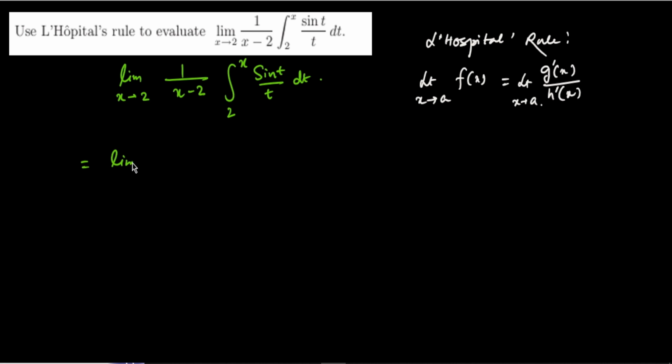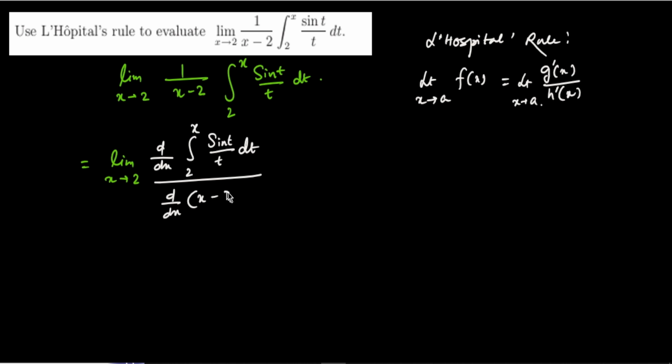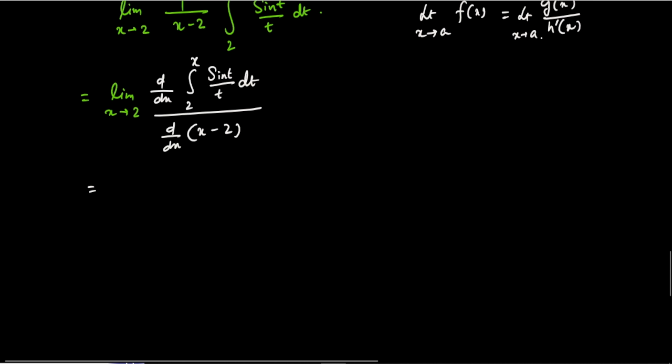Here, limit x tends to 2 of d by dx of the integral from 2 to x of sin t by t dt, divided by d by dx of x minus 2. At first we will differentiate both terms, then substitute here.